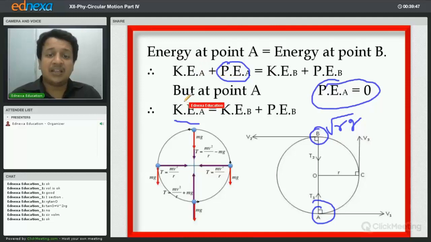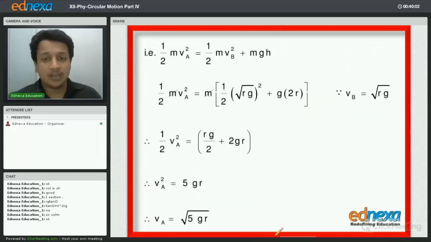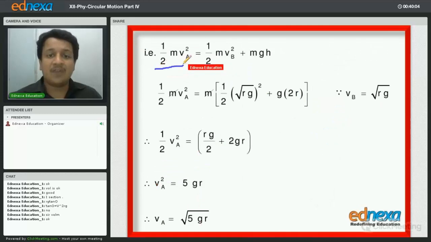Then obviously kinetic energy at point A is equal to kinetic energy at point B plus potential energy at point B. Let's substitute values. What is the formula for kinetic energy? Yes, very good. It is half mv square. So half mva square is equal to half mvb square plus mgh.